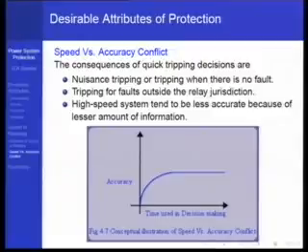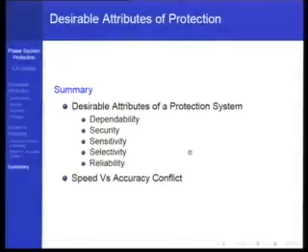So the speed versus accuracy conflict is something we have seen very closely, but we also know that there are ways of improving it by improving road conditions, making the road broader, making your equipment better, and so on. So there is a certain way in which you can beat it, but up to a certain extent. You can keep on pushing the limits, but there are always limits, and the question is how do you push them.